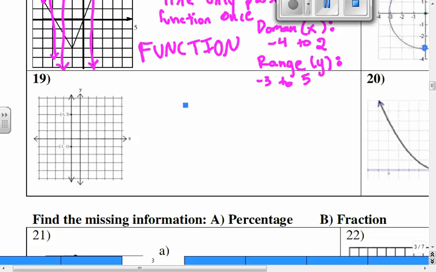Okay, here we have a vertical line. Now, we have to use the vertical line test. Obviously, a vertical line is going to fail the vertical line test at every point.